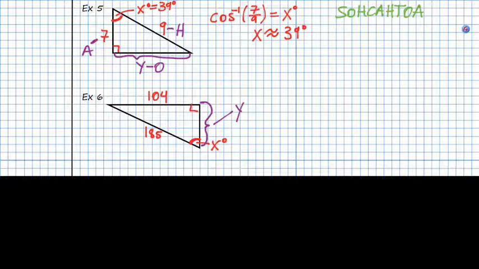In this case, because I want to do this in the easiest way possible, I'm going to choose to use O and H. So I'm going to use my sine function. Now I have my angle that I can actually work with. So I'm going to say sine of 39 is equal to my ratio, which will be y over 9.